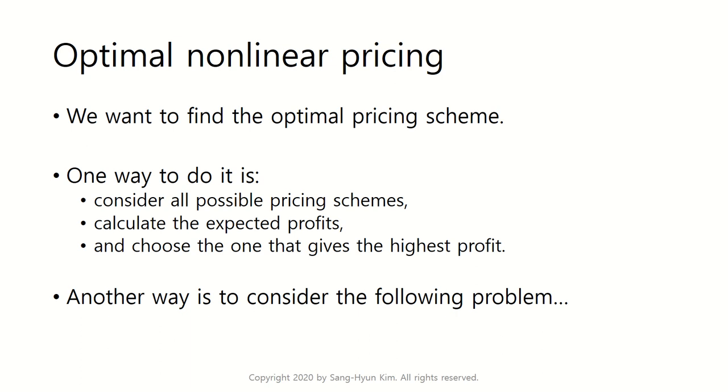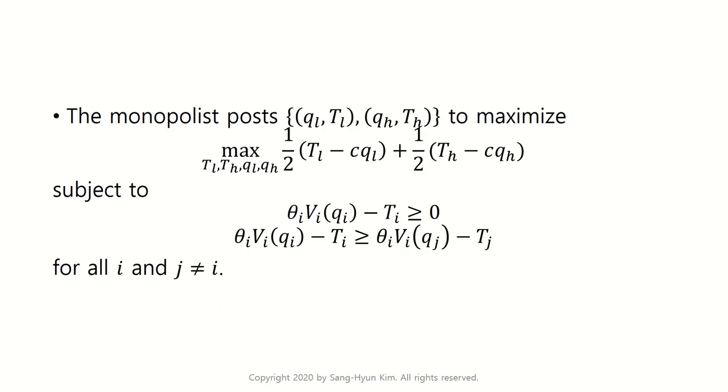But then there is another way, which is to consider the following problem. We consider the profit maximization problem of the seller, and the profit can be written like this. From the L-type consumer, the seller gets TL. TL is the total payment that the L-type consumer pays for quality QL. So quality QL is given and the L-type consumer must pay TL.